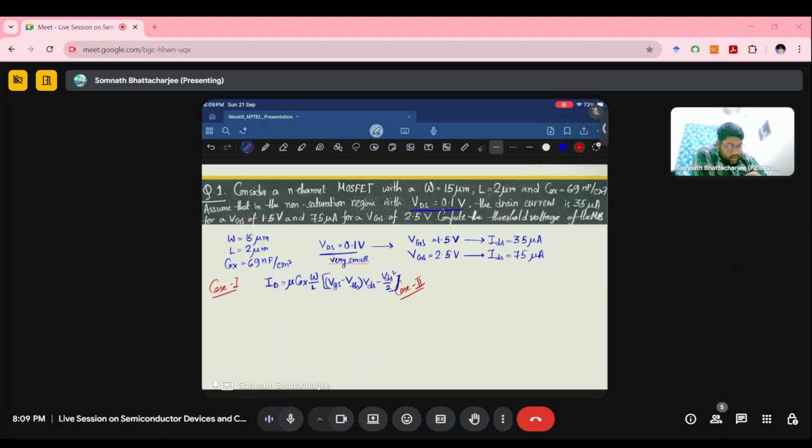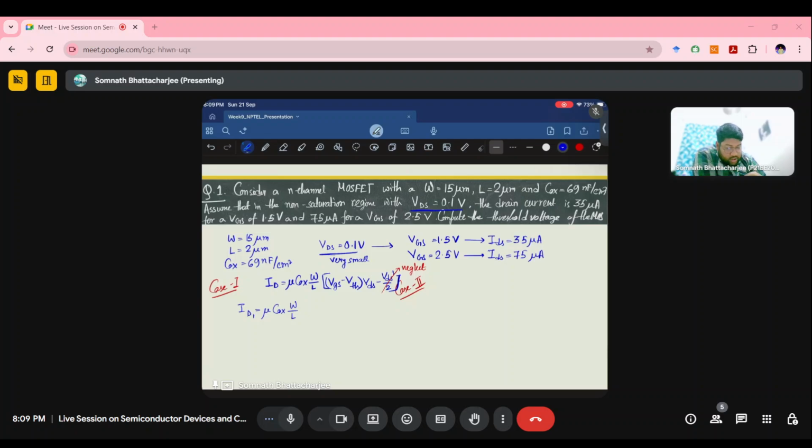So for these cases, we can neglect this part, not exactly 0, but we can neglect it. Then ID will be mobility Cox W by L times VGS minus VTH times VDS. We know the aspect ratio W by L, we know the value of Cox, and we know the value of ID in this case.